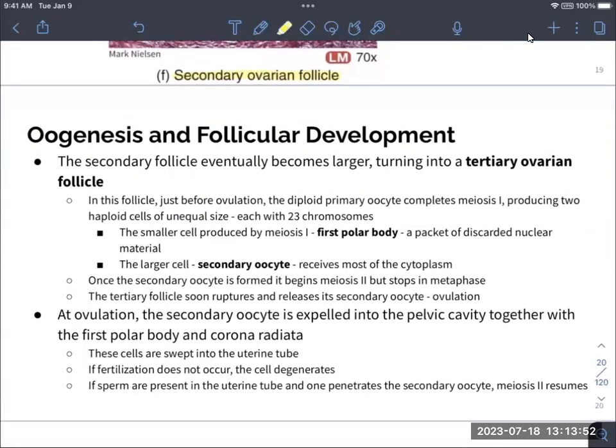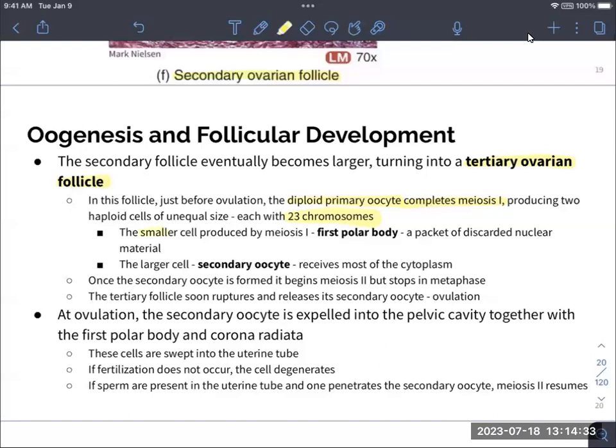The secondary follicle just becomes larger and larger. It's going to turn into a tertiary ovarian follicle. This is right before ovulation happens. So we have a diploid primary oocyte. At this point, it's going to complete meiosis 1. We are going to split those 46 chromosomes into haploid cells, so each new cell only has 23 chromosomes, one copy of each set of chromosomes.